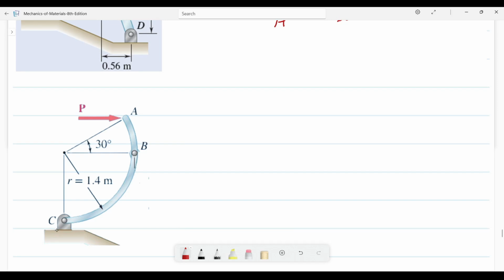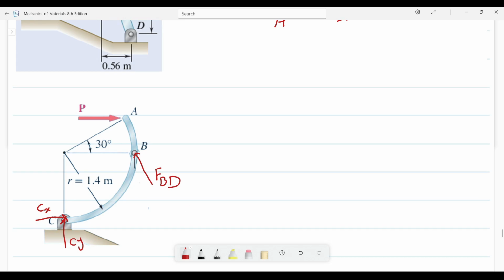Here at support C, we have Cx and Cy, and we also need to place a force FBD. We'll assume the real direction of the FBD as shown.